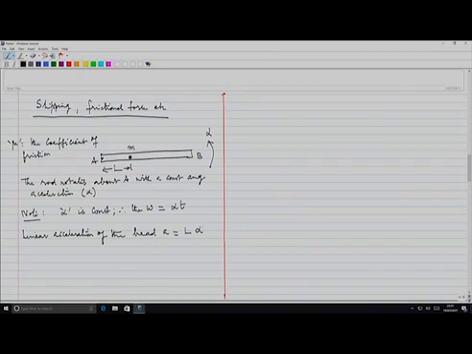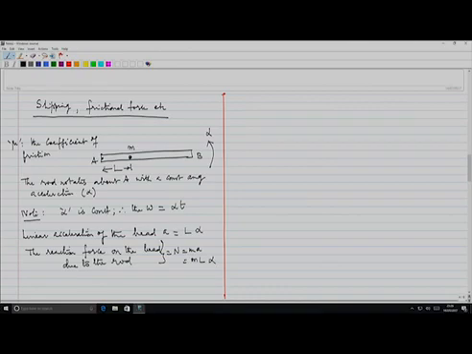Then the reaction force on the bead due to the rod, I will call it N. This must be the same as M into A, which is M into L into alpha.